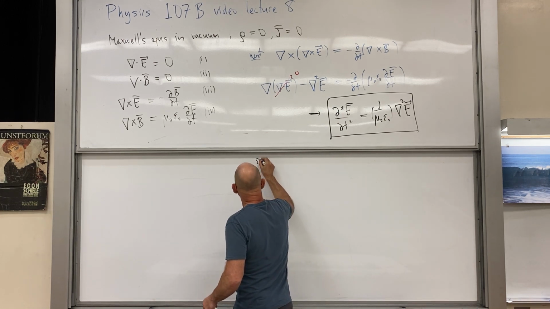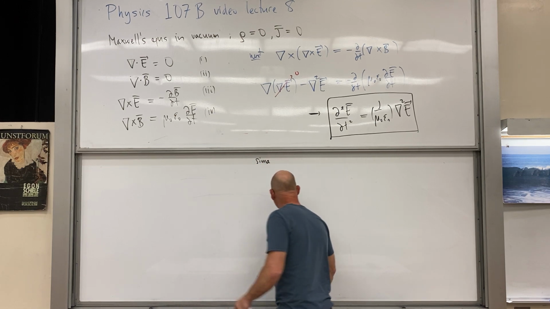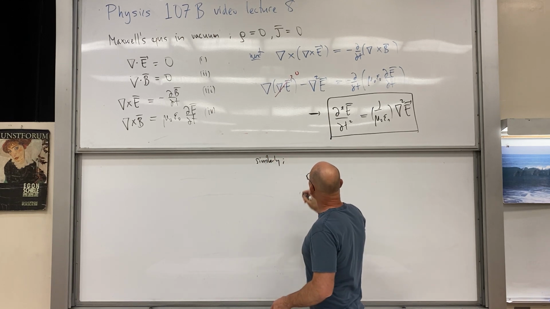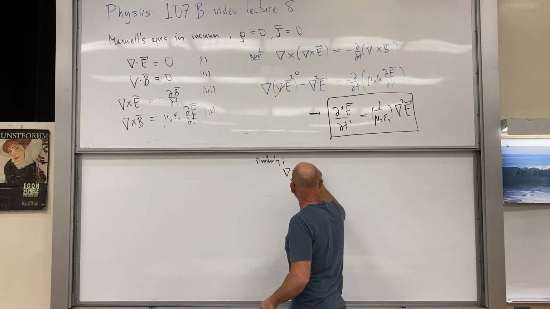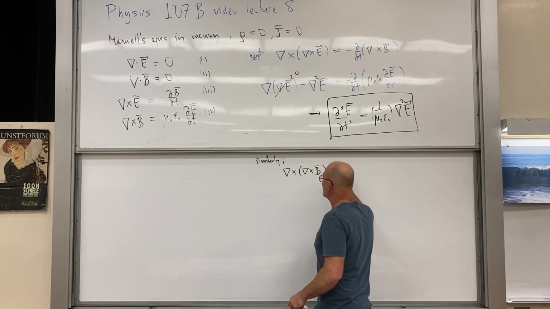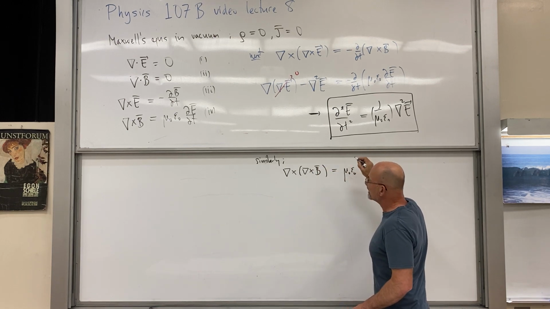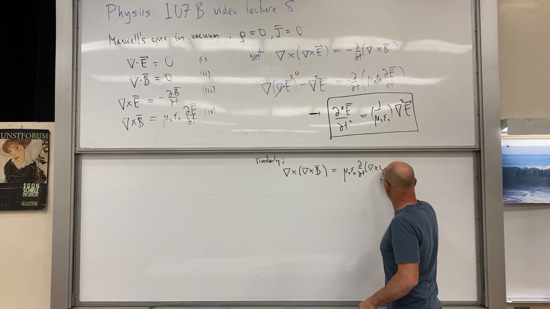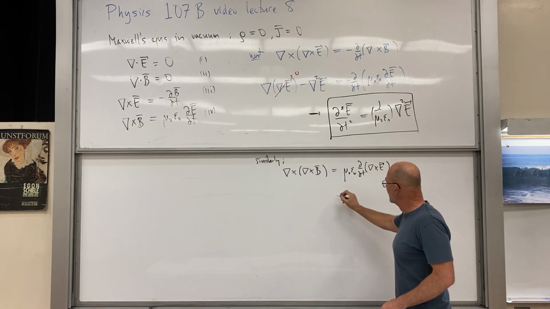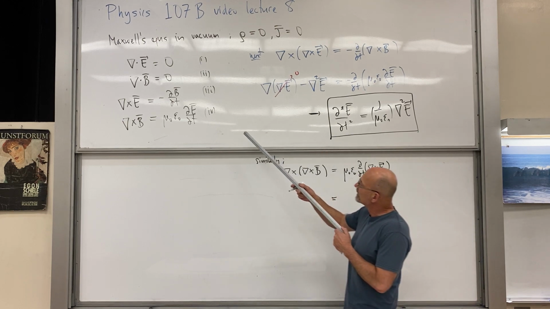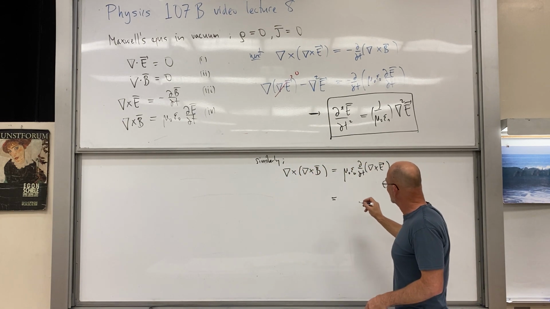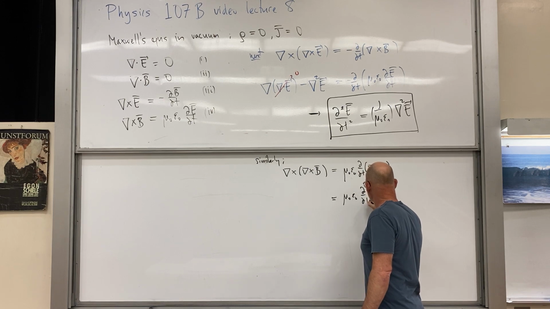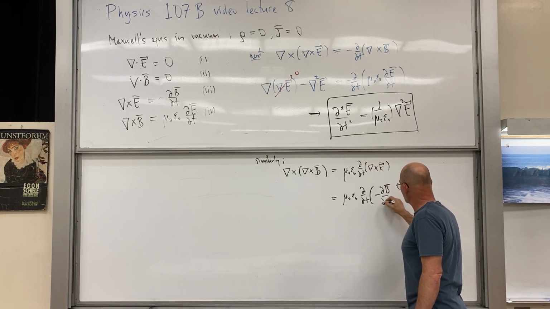So similarly, curl of B equals mu naught epsilon naught d over dt, and then we've got the curl of E. Now this time, on the right side, we're going to have the curl of E, minus dB dt.